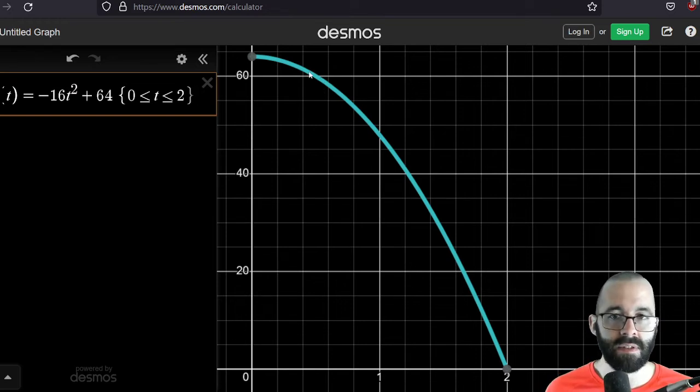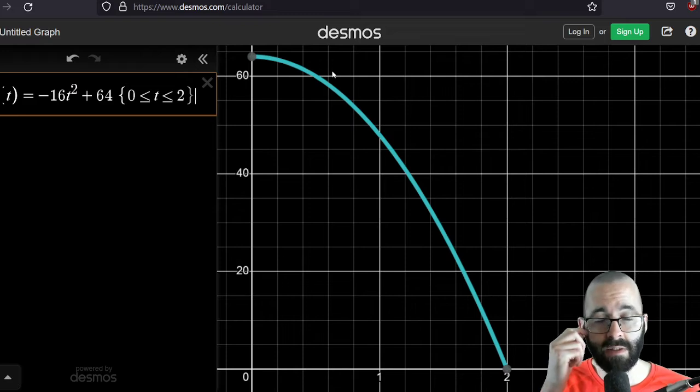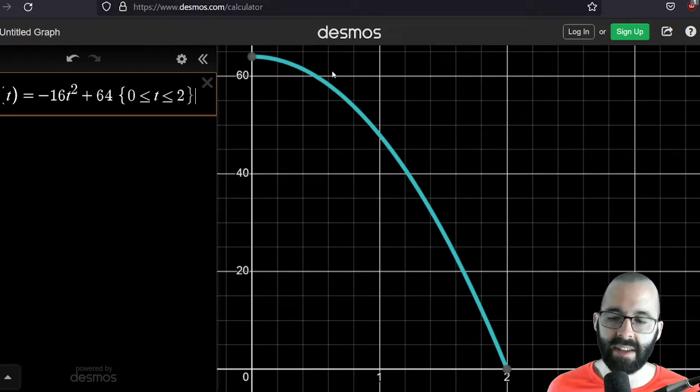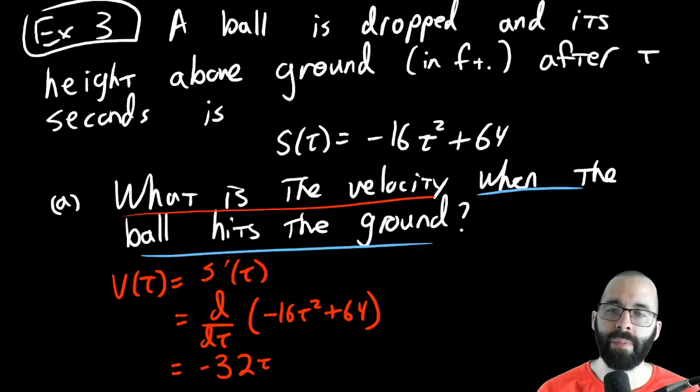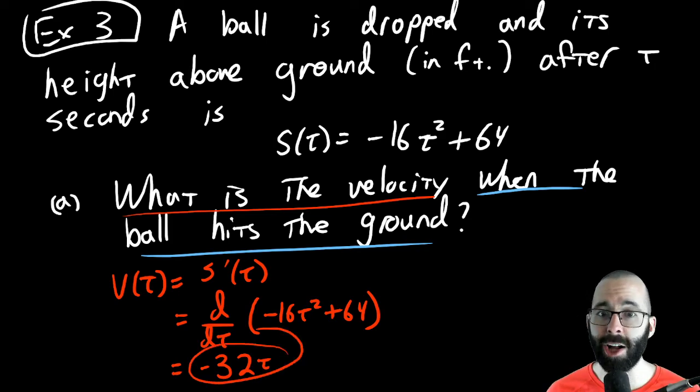Look at the slope of this graph. Well, this graph is always going down. The slope at any point here has got to be negative. This is a decreasing function. Okay. So it's asking, what is the velocity when the ball hits the ground? Well, this is the velocity. The ballosity.